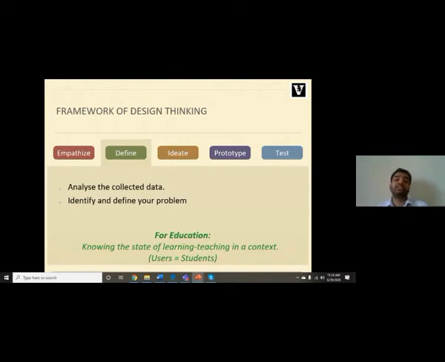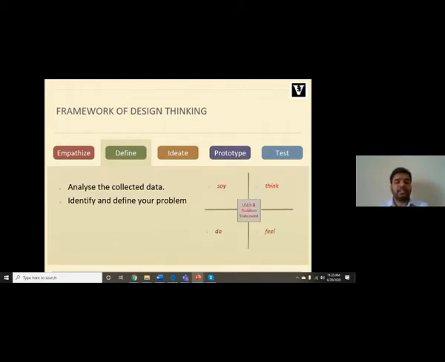But for education domain audiences, defining the problem and empathizing with the users implies that we should know the state of learning and teaching in the given context. Our users are students. So let's see what a customer journey map looks like.